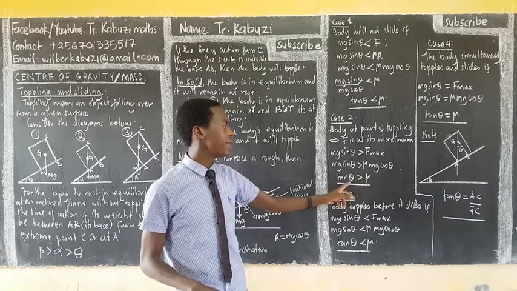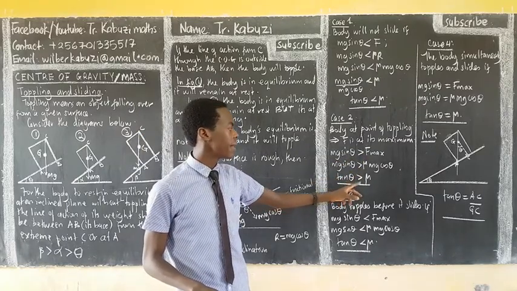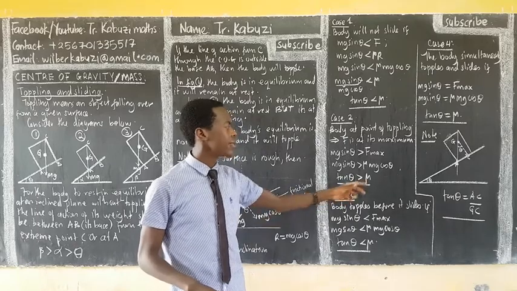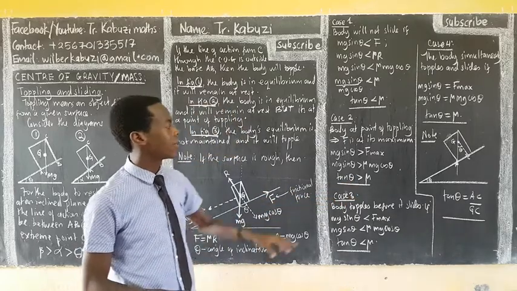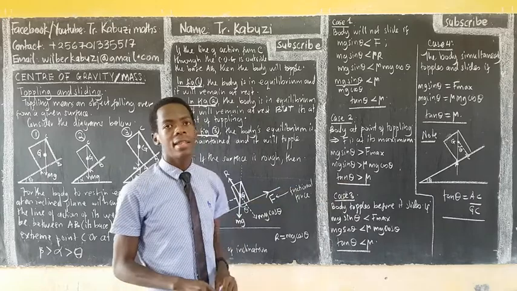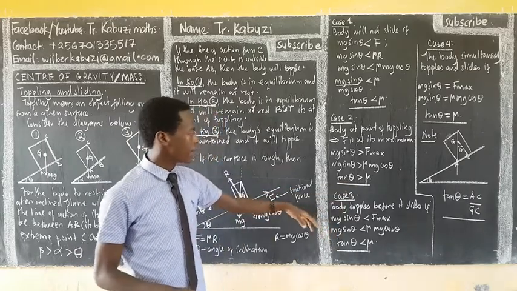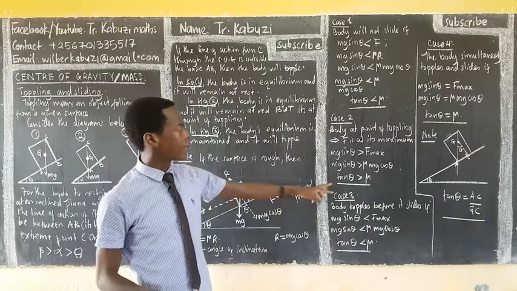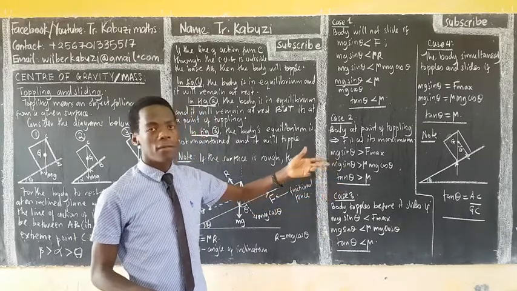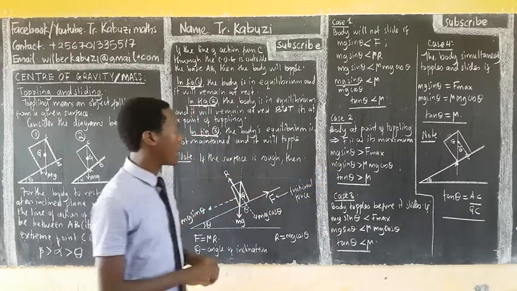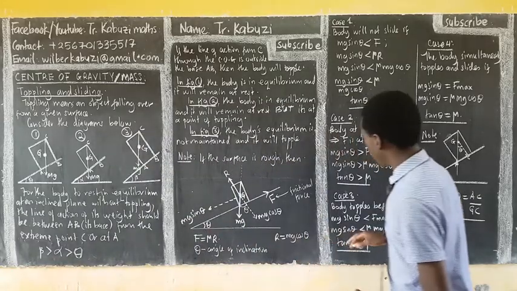Then when you divide, it means that tan theta is greater than the coefficient of friction. We know that tan of the friction angle is our angle of friction.